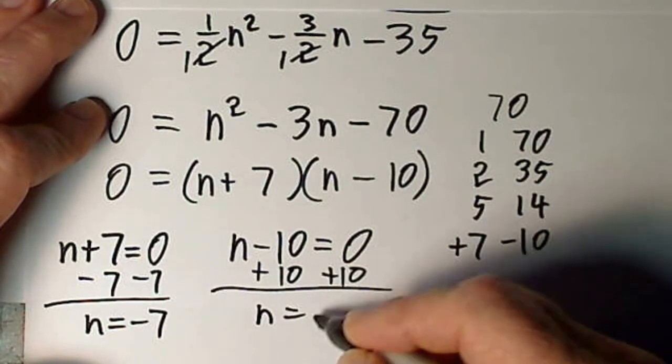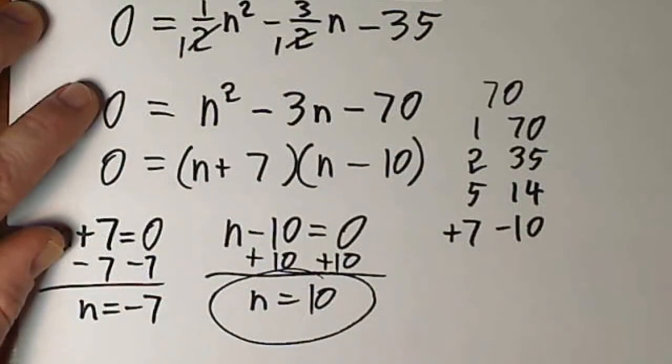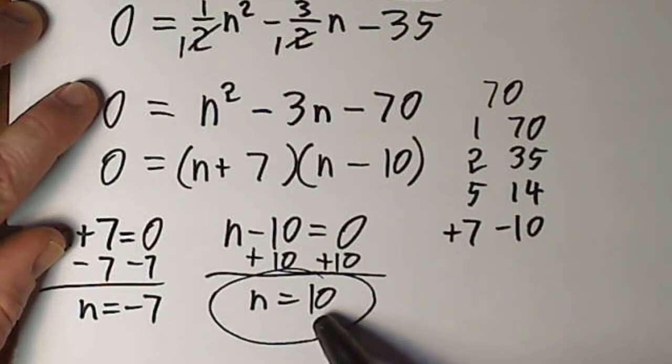So you get n equals 10. Okay, so n equals 10, and we said there were 35 diagonals. So if I have a 10-sided figure, n is the number of sides. Okay, so if I have 35 diagonals, it must be a 10-sided figure.